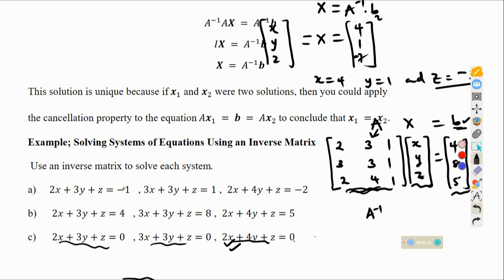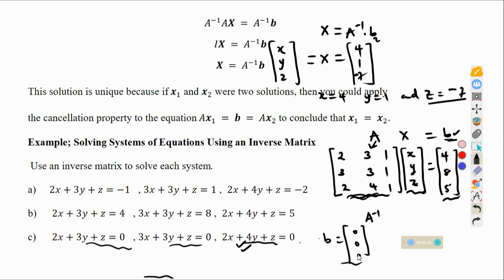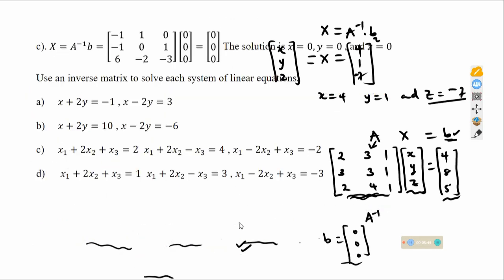You will use the same inverse as we have used in part A and B. Then you will multiply by the B, which for this case will be the matrix 0, 0, 0. So get your A inverse, multiply by 0, 0, 0. That is the matrix B, and be in position to obtain the value of X, Y, and Z. So that is what exactly will be done for part C.